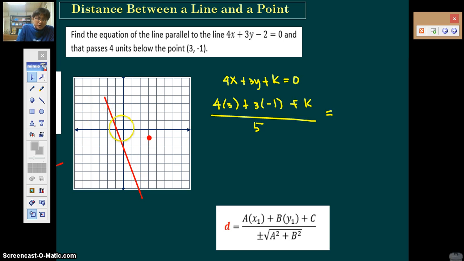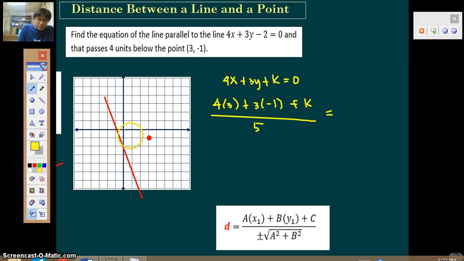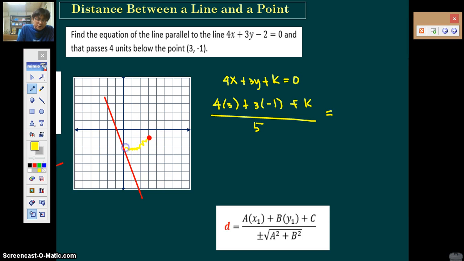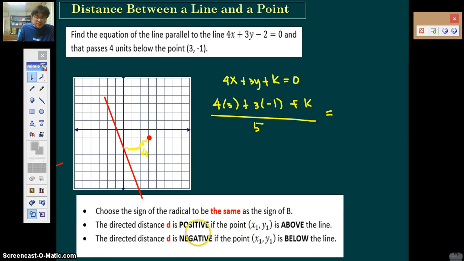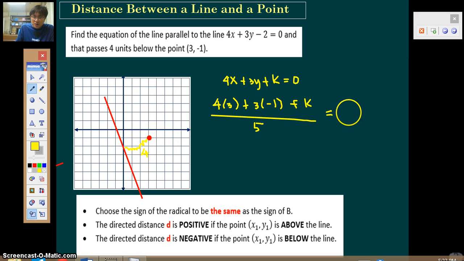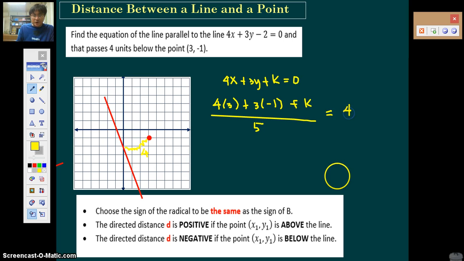So let's say this is 4 units. So now the directed distance should be positive because our point is above the line. So we use a positive directed distance. We equate this to positive 4.